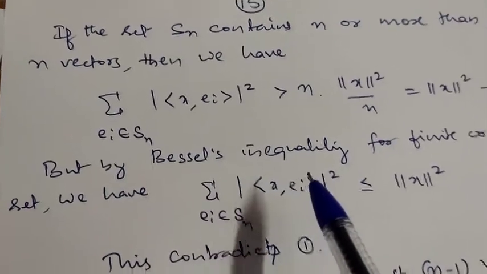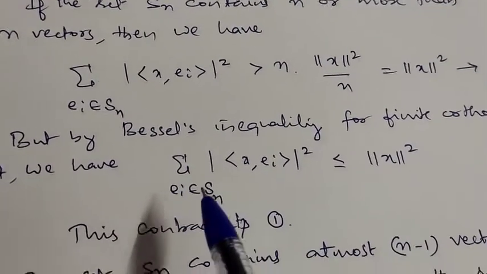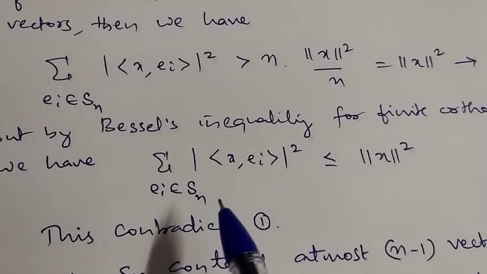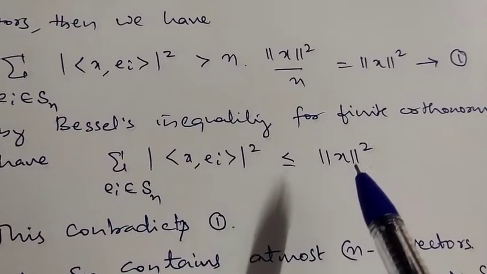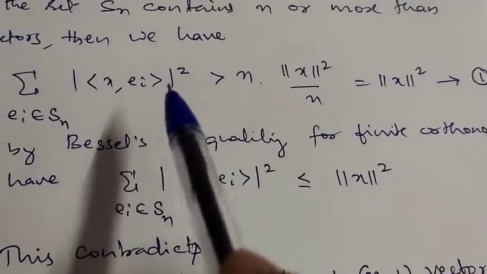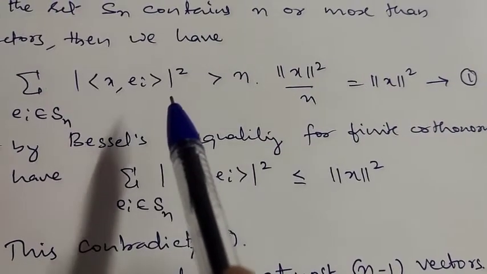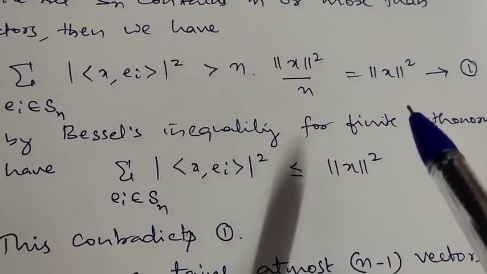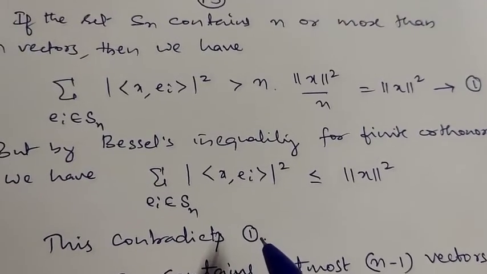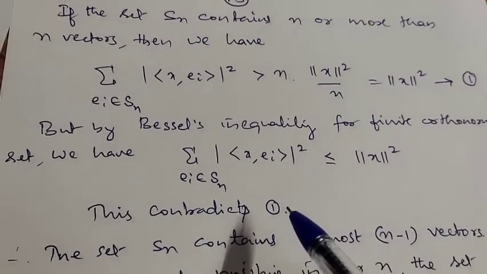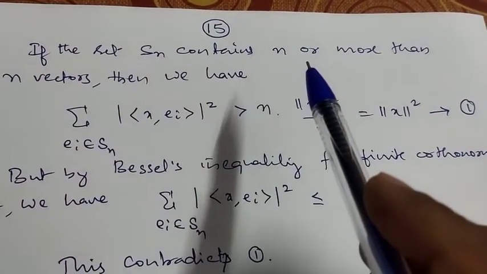But by Bessel's inequality for a finite orthonormal set, the summation over e_i belongs to S_n of mod of inner product of x comma e_i whole square is less than or equal to norm of x square. But the previous result says this summation is greater than norm of x square, which is a contradiction. Therefore, the set S_n contains at most n minus 1 vectors.